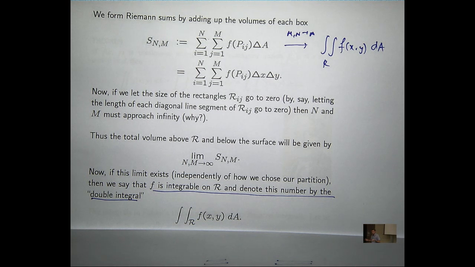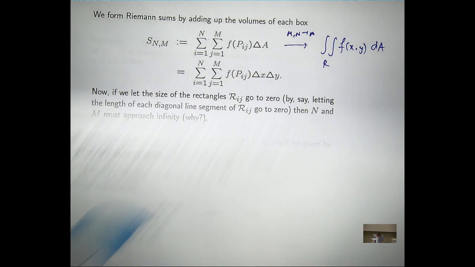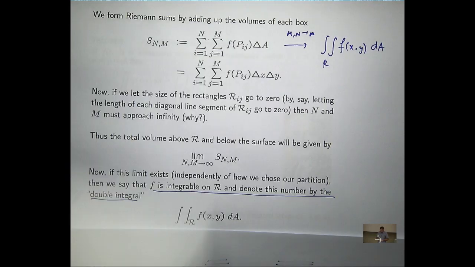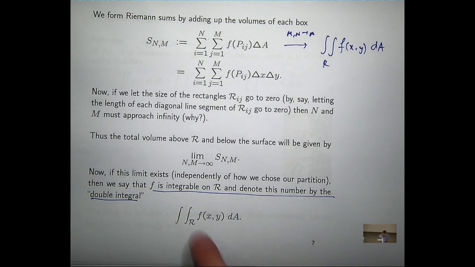Okay. Let me repeat that. If this limit exists, then it's a number, right? And that number is going to give us the volume that we want. In this case, it would be positive if we're working with volume. And we say f is integrable on the rectangle.